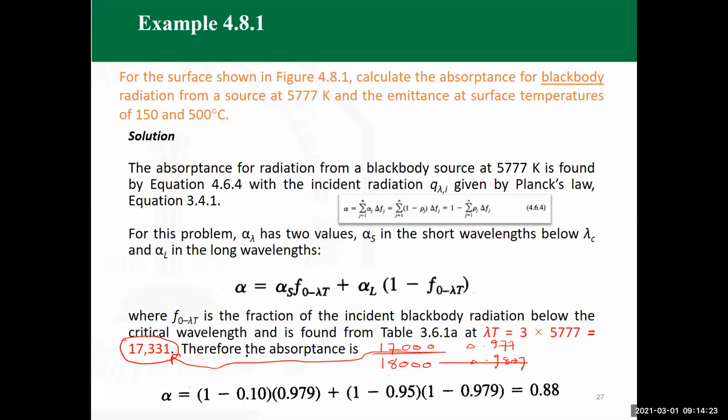So 17,331 minus 17,000 divided by 18,000 minus 17,000 is equal to the value that we want, minus 0.9776, divided by the difference between 0.9807 minus 0.9776. This is linear interpolation, where you can get the corresponding value. Put this value here, substitute into the equation, and you'll see that alpha is equal to 0.88, which means that this surface is receiving 88% of the solar energy falling onto it.